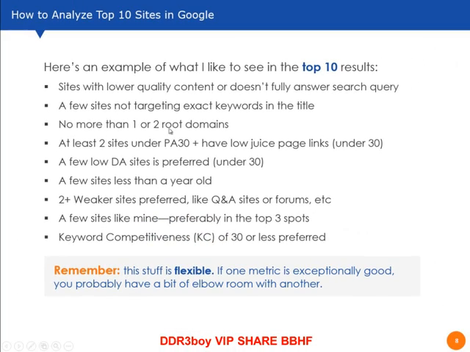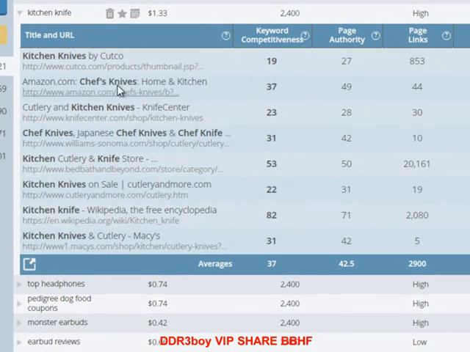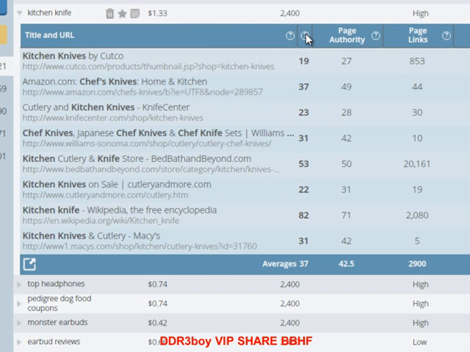Next, no more than one or two root domains. Are any of these root domains? As I look at these, I do not see any root domains, which is a good sign. These are all subpages, as you can see, Cutco/products/ and so on, and then kitchen knives.